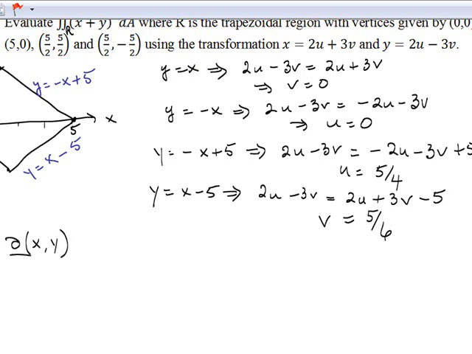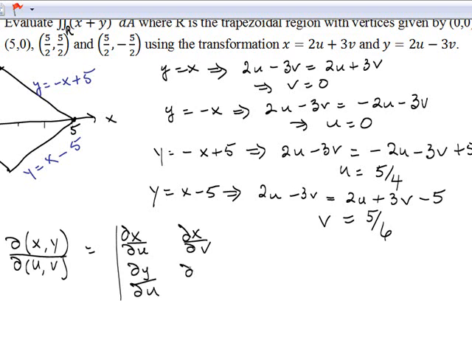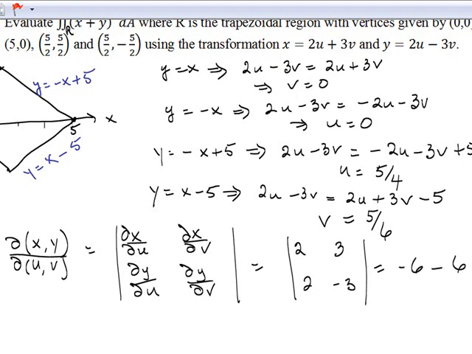Partial xy, partial uv, determinant, partial x, partial u, partial x, partial v, partial y, partial u, partial y, partial v. What is that? Partial x, partial u, that's a 2, 3, 2, minus 3, which is minus 6, minus 6, which is minus 12.